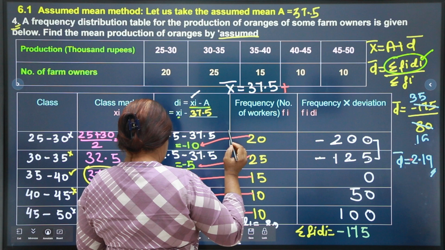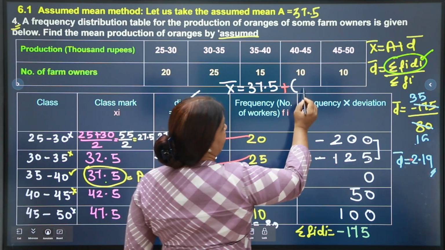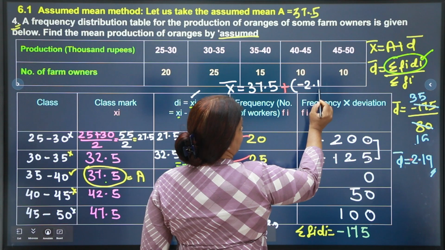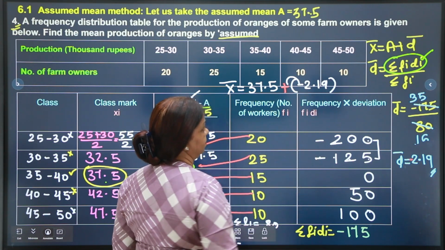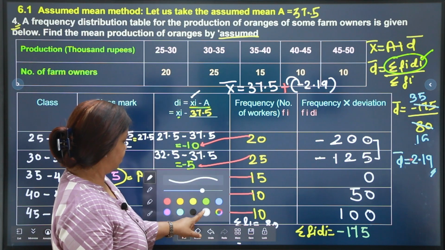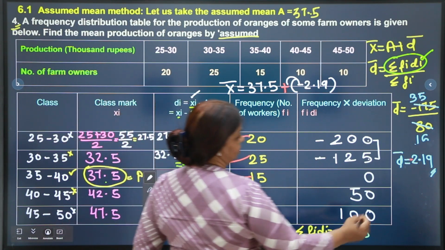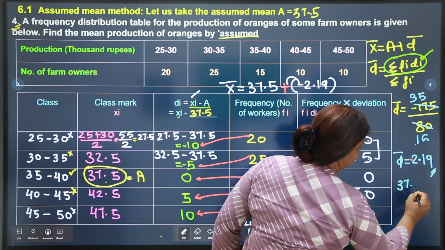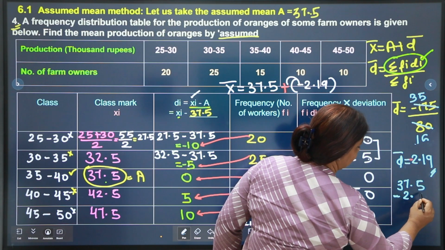Plus bar D is minus 2.19 and minus plus will become minus, so we need to subtract them. Let us subtract it here. 37.5 minus 2.19.